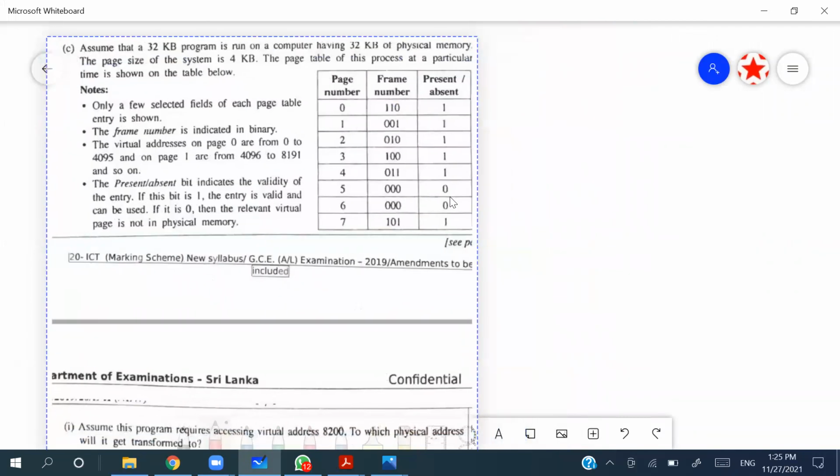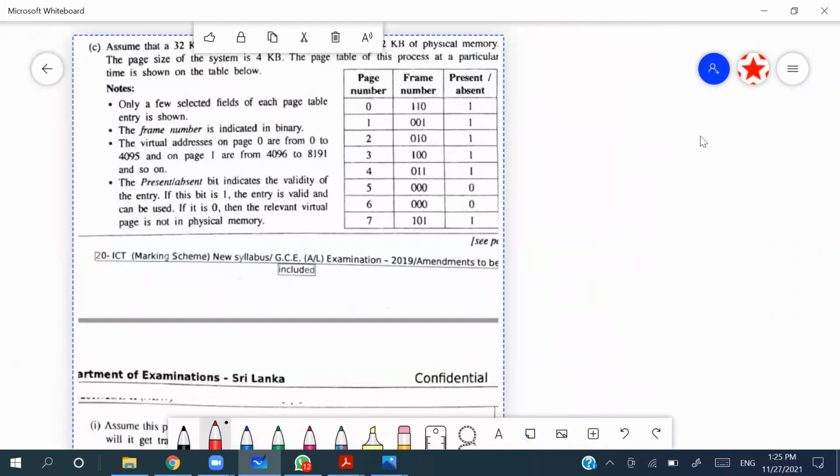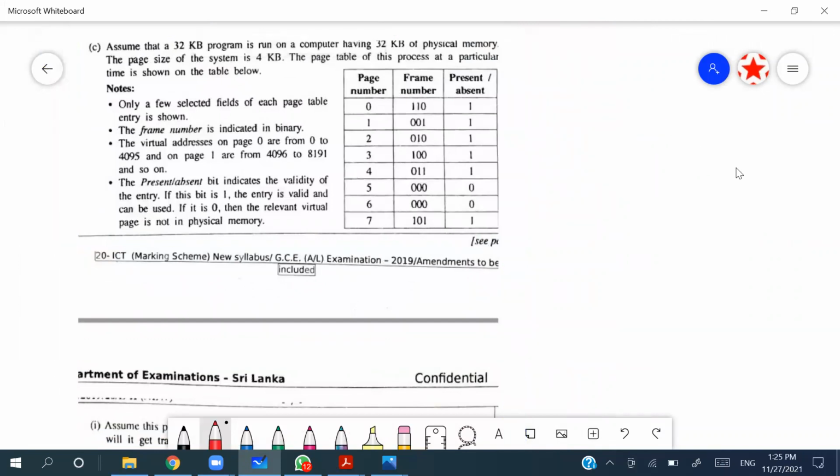So it says what? Assume that a 32 kilobyte program is run on a computer having 32 kilobyte physical memory. So physical memory size is 32 kilobyte.